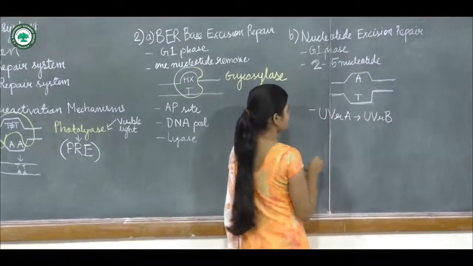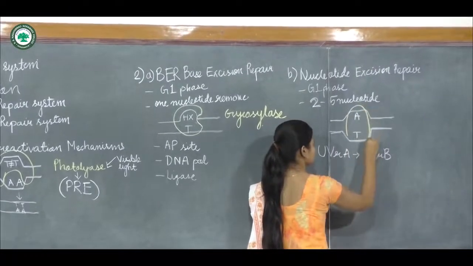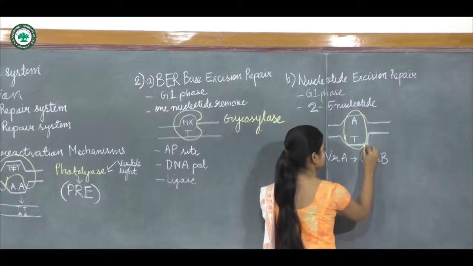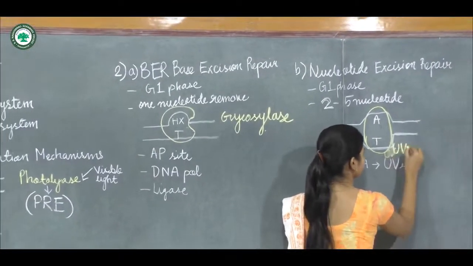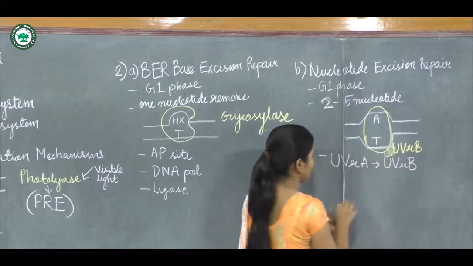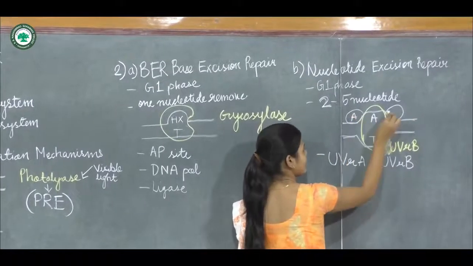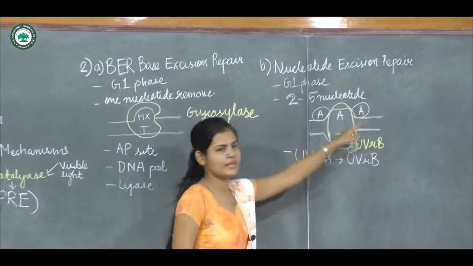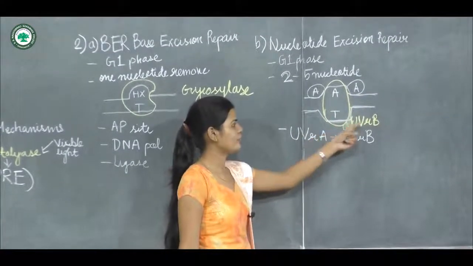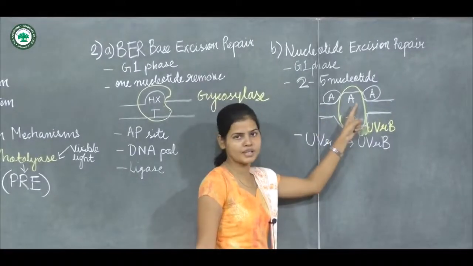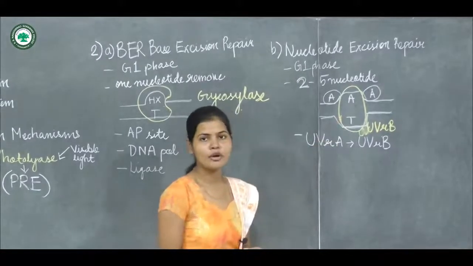Now what will happen, suppose this is UVRB and these are UVRA. Now this UVRA will direct the binding of UVRB to the wrongly incorporated or mismatch site. Now due to this there will be bending of the DNA.